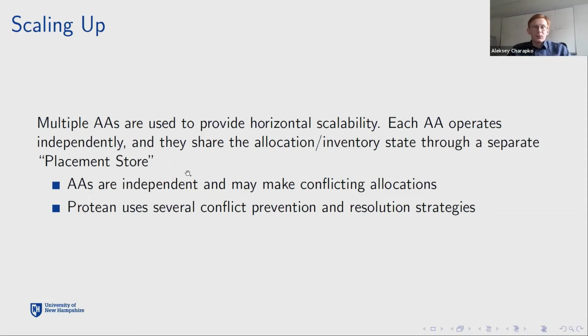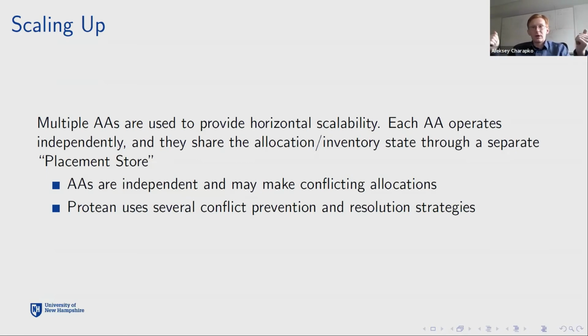And because these allocators are independent, despite drawing from the same database, they do it in parallel, right? So it's possible that multiple allocators will receive a similar enough request for a virtual machine, run through their scores and the validator preference pipeline, come up with a very similar set of candidate machines, and then pick the same machine.